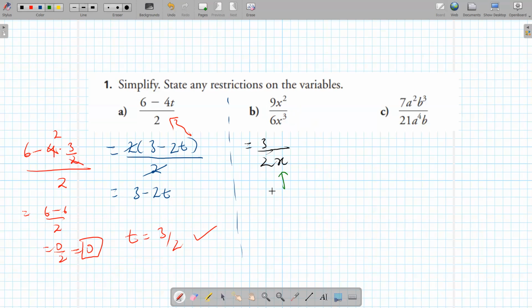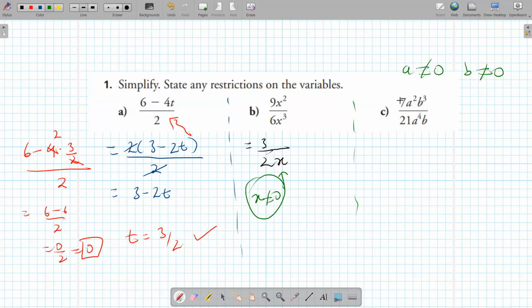It can't be 0. Right, x can't be 0. That's all. Like here, look at C. You don't even have to do any maths. A can't be 0. If A were 0, you would be dividing by 0 here. B also can't be 0. See restrictions? It's pretty straightforward.